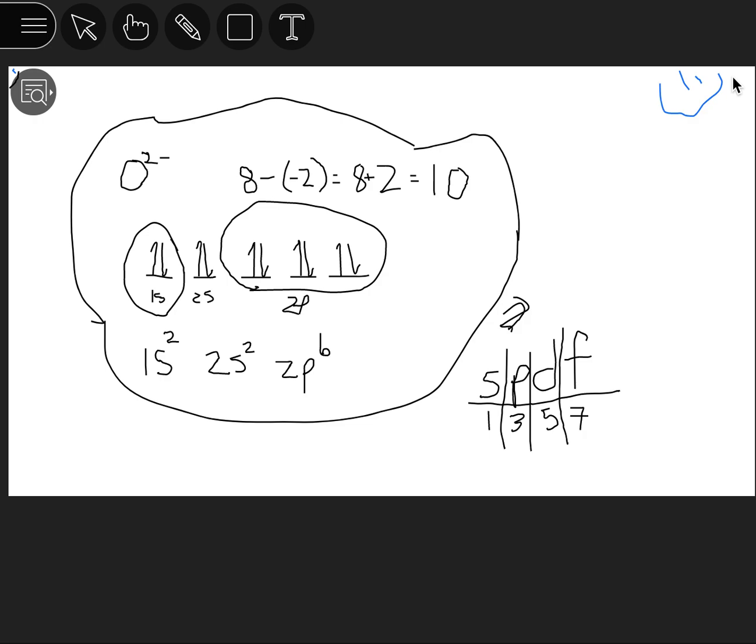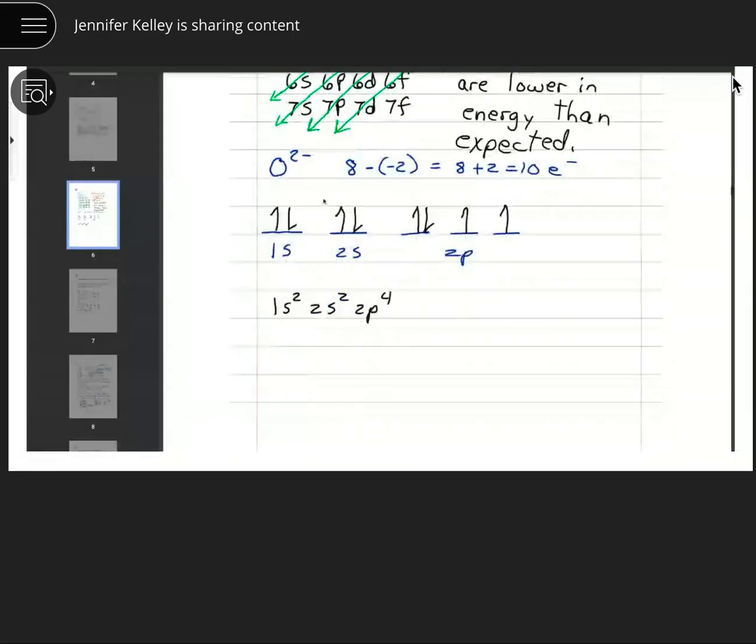So let's say you had one of the lanthanides or actinides, which end in F, and their electrons got excited. They could go up to a G, but it's not common. It's not a common thing that we would work with, and we're not going to do it in this class. All right. Thank you.